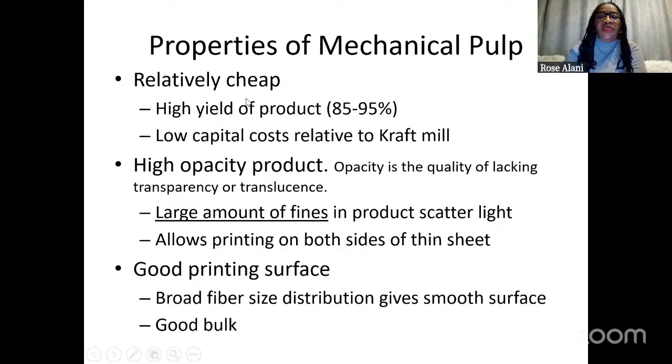Because you don't lose much. It's like almost everything that you put in the wood comes out. Nothing is washing anything off. So it's just like you have almost everything that you put in. That's why the yield is from 85 to 95% of what you put in.